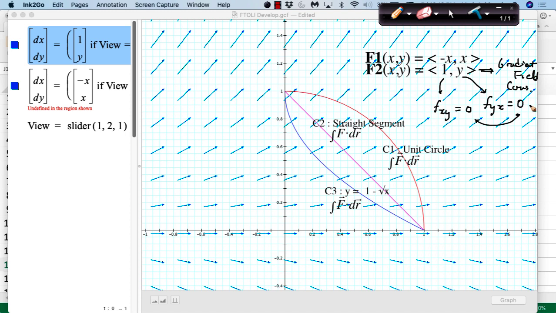And so if I go from point A to point B, say along C1, what do you think? Positive, negative, or 0 along C1? That's the unit circle. What about the beginning? Positive.